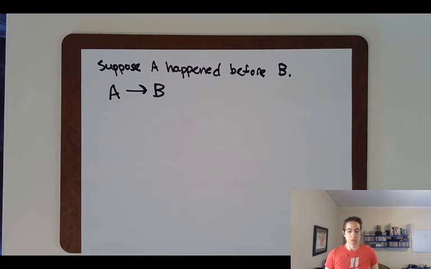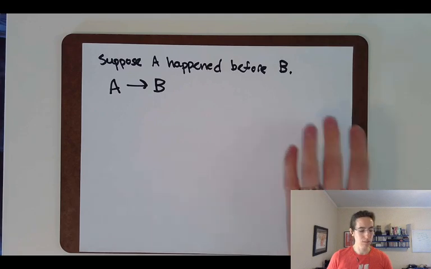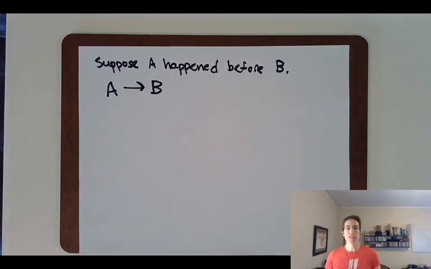But what does it tell me? If I know that A happened before B, what does that tell me about causality? What does that tell me about what could have caused what?